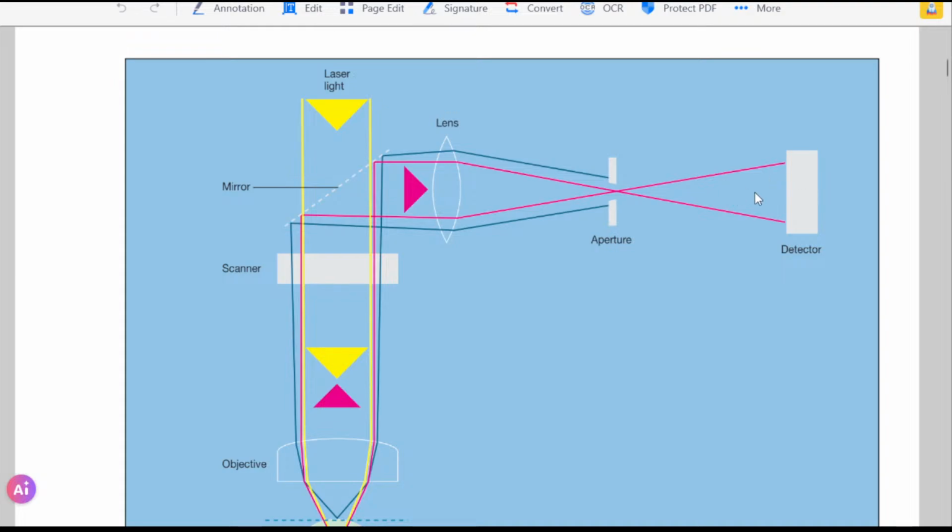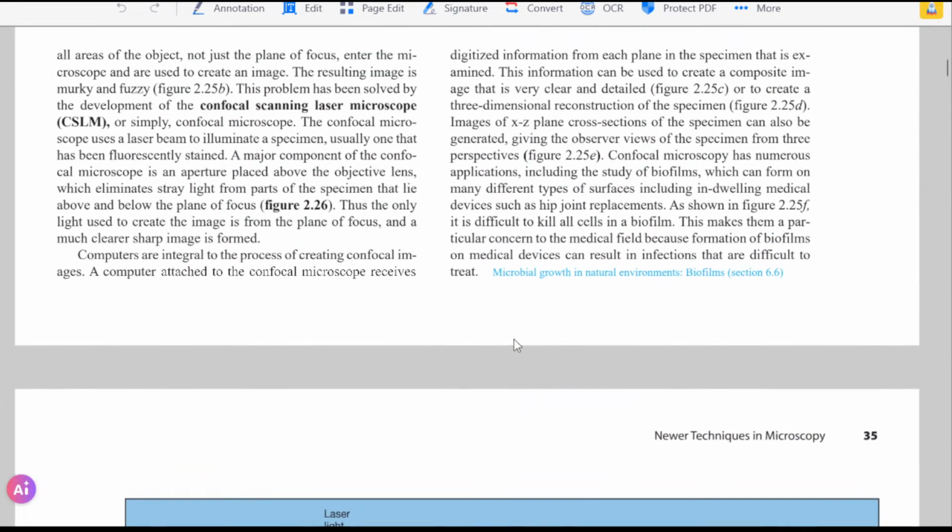Usually in confocal the computer detects it, not our eyes, because it is laser light, so it stops the blue rays while it allows the red ones to go further. So it kind of works like that.